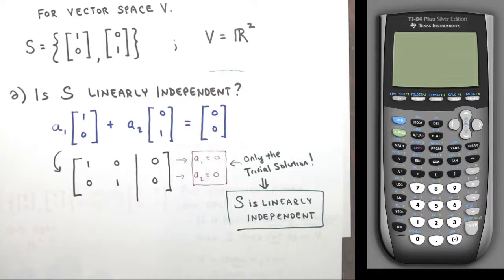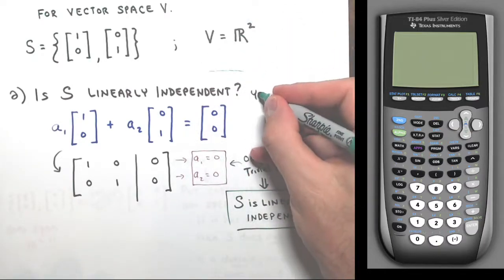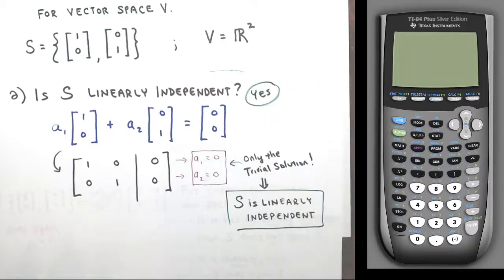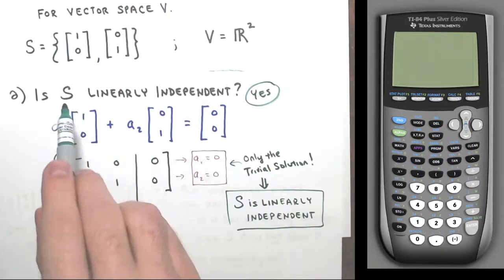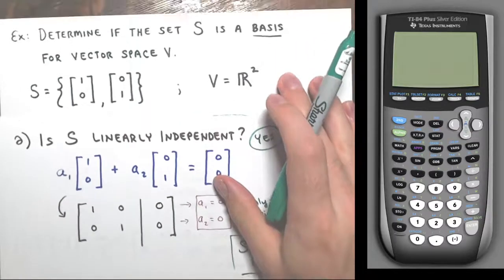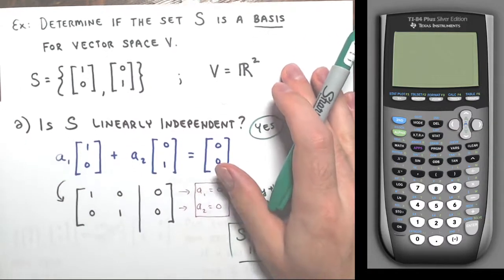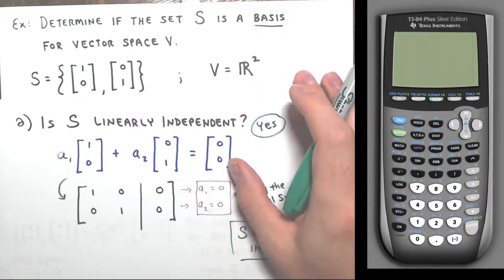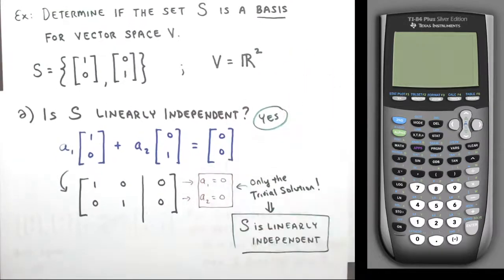Wonderful. So again, the answer is yes. Yes, S spans R2. Yes, S is a linearly independent set of vectors. So the instructions: determine if the set S is a basis for vector space V. It is.